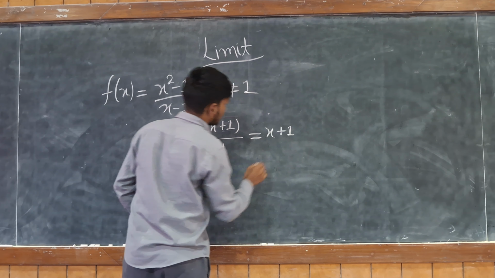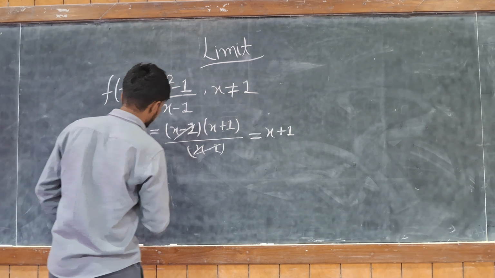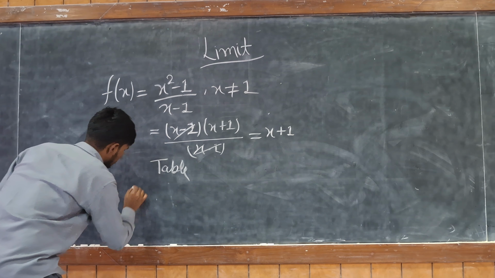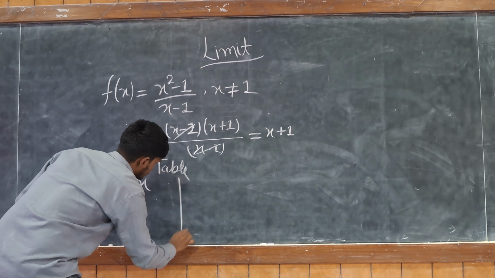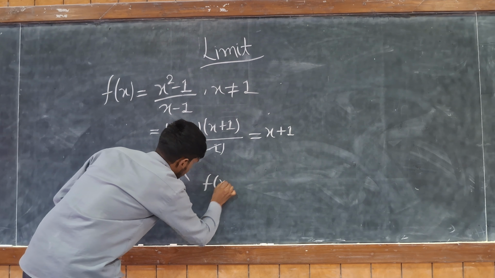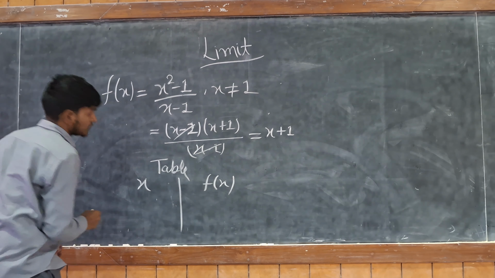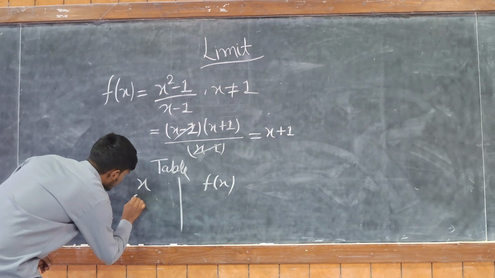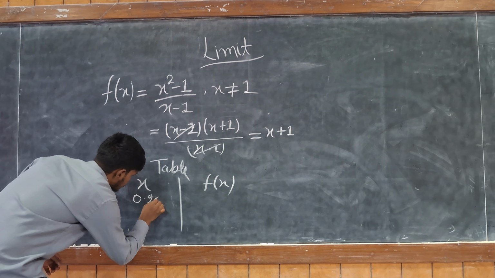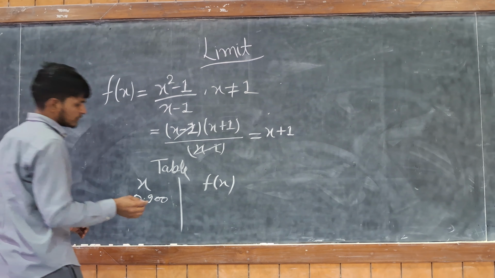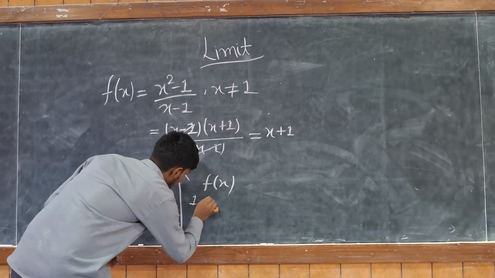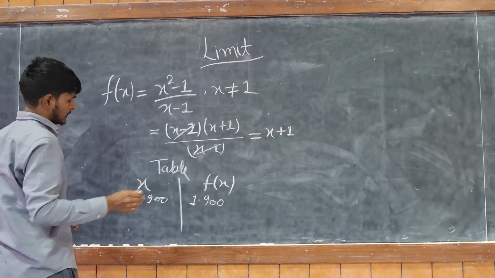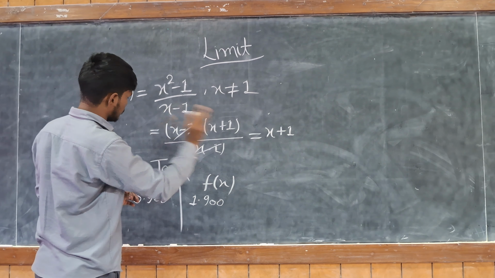Now we will see what happens by the table. Here is the value of x and here is the value of f(x). Suppose we take a point 0.900. At this point the function value is 1.900, and again we approach towards 1.